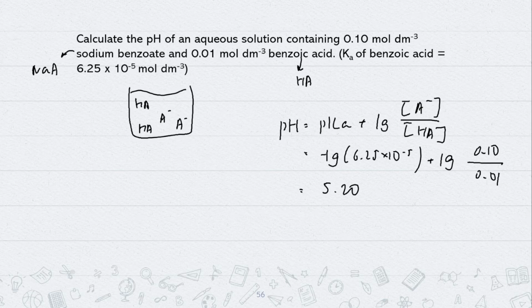Let me just try it again to make sure I'm correct. Log salt. Yeah, 5.20. So that's how you calculate the pH of our solution. It's good to know how the buffer solution is prepared. This was method 1 in the previous video.